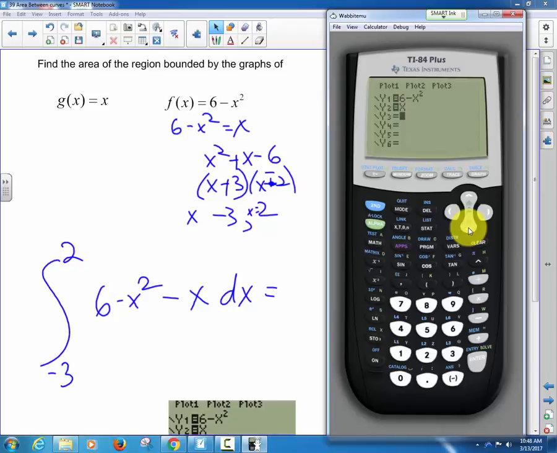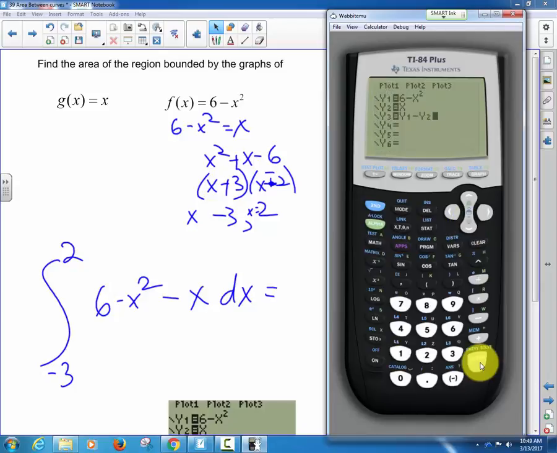Instead of retyping those functions, I'm going to hit the VARS button here and move over to Y variables and functions highlighted, and it'll have Y1 there. And I'm going to put Y1. Y1 is whatever's in this first Y1 function up here, okay? Top minus, we want to subtract that one. Variables, Y variables, function, Y2.